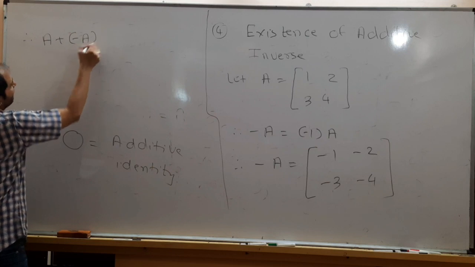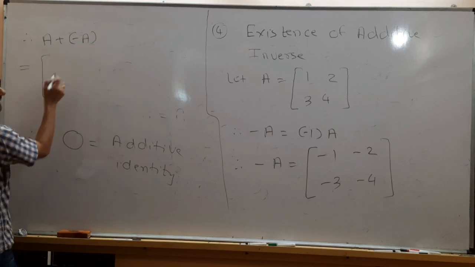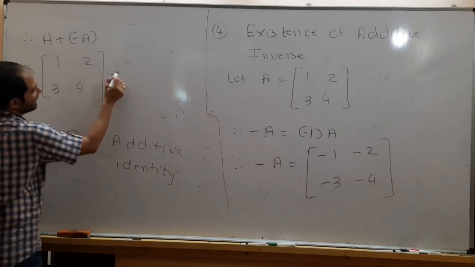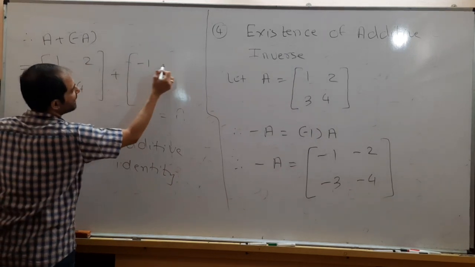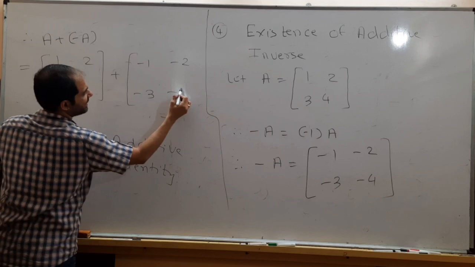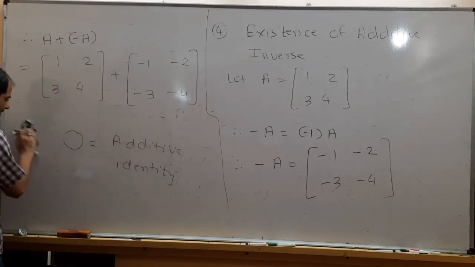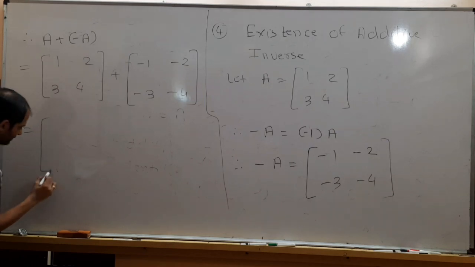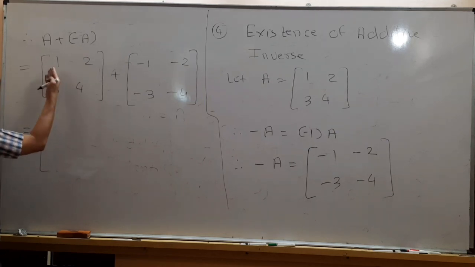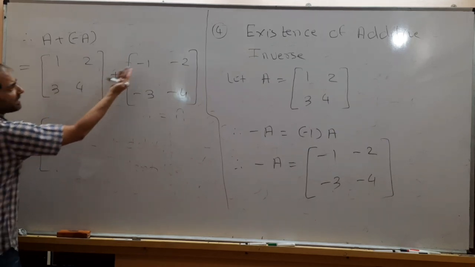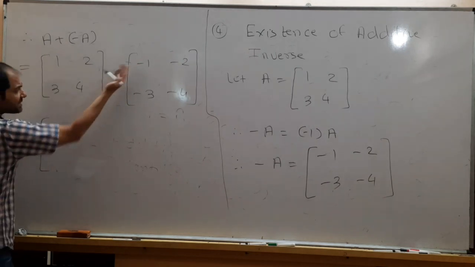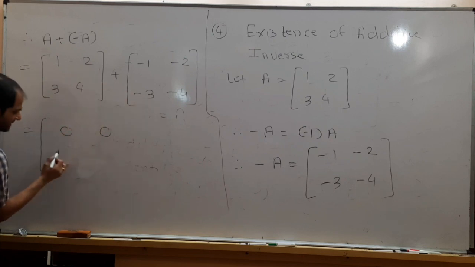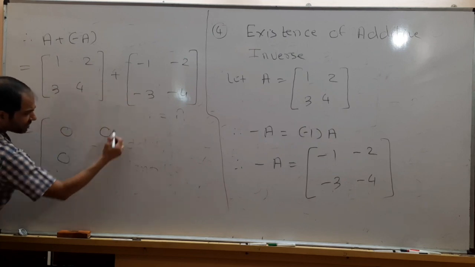A plus minus A will be 1, 2, 3, 4 plus minus 1, minus 2, minus 3, minus 4, and that will turn out to be, I will not show the steps directly: 1 plus minus 1 is 0, 2 plus minus 2 is 0, 3 plus minus 3 is 0, 4 plus minus 4 is 0.